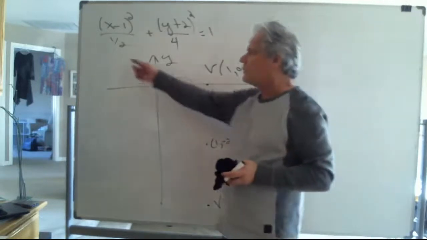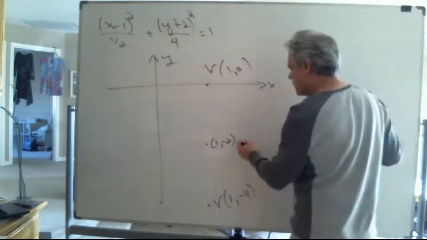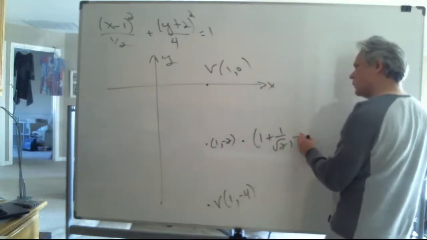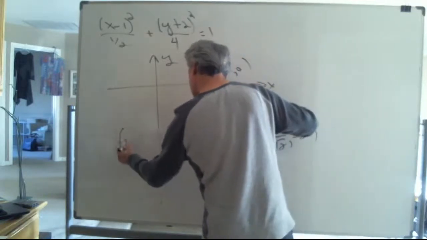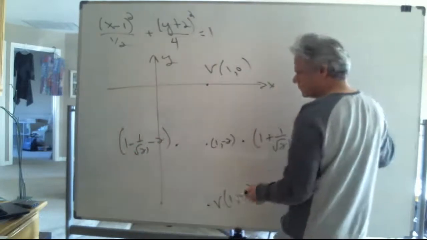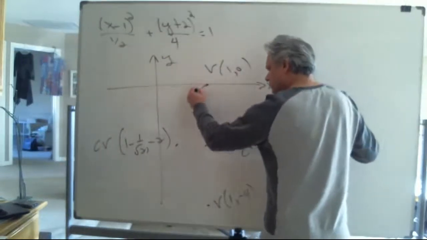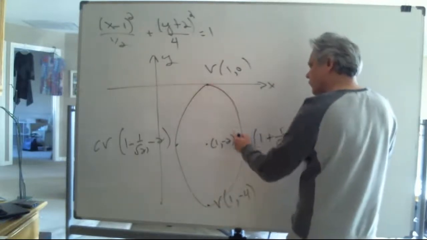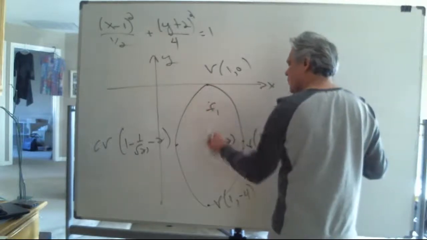The co-vertices are going to be located b units to the left and to the right of the center, where b is 1 over root 2. To the best of my clumsy ability, I will connect the vertices and co-vertices with an ellipse elongated more in the vertical direction. And I guess the only thing I'm missing are the foci located at maybe F1 and F2.